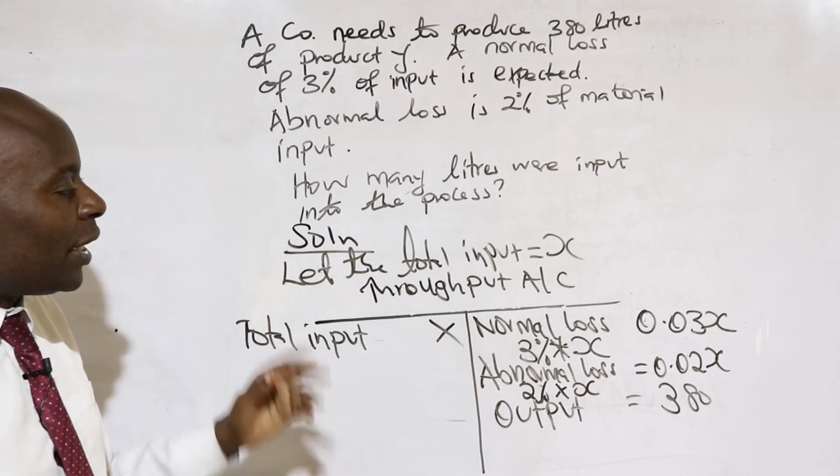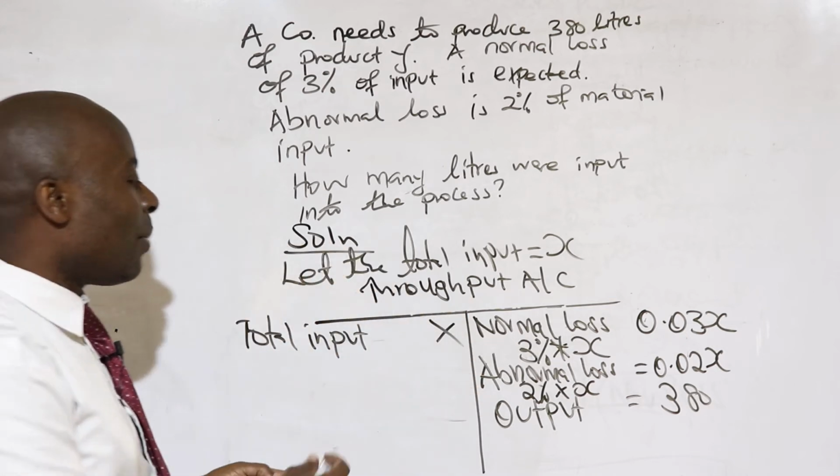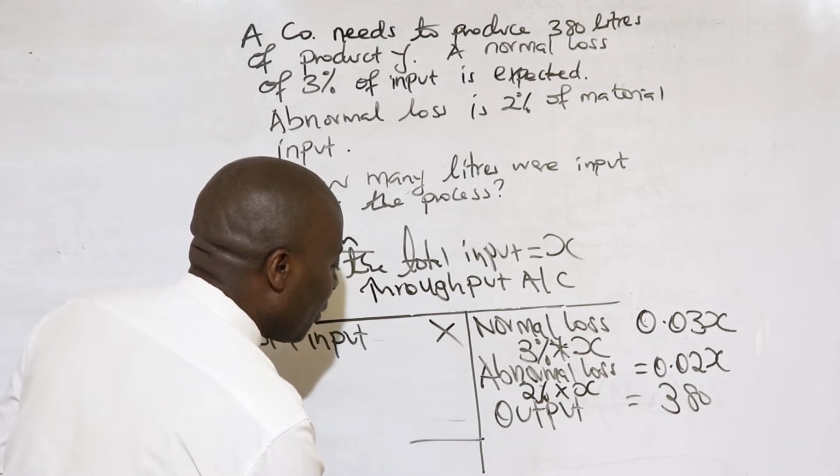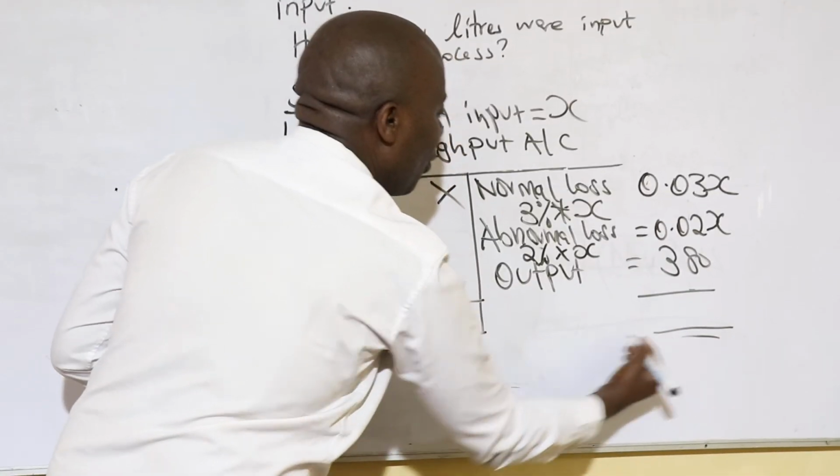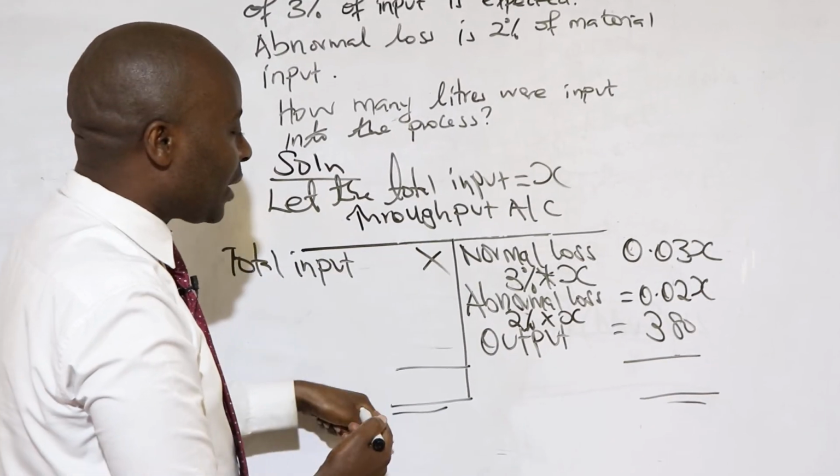Now we need to come and talk about balancing. Ladies and gentlemen, of course, whenever we have an abnormal loss, we expect this debit side to be bigger.